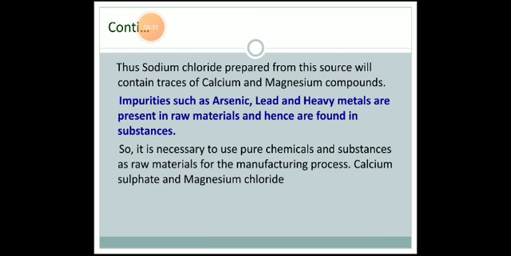The sodium chloride prepared from this source will contain traces of calcium and magnesium. Impurities like arsenic, lead and heavy metals are present in the raw material, hence are found in those substances. So it is necessary to use pure chemicals and substances as raw material in the manufacturing processes.